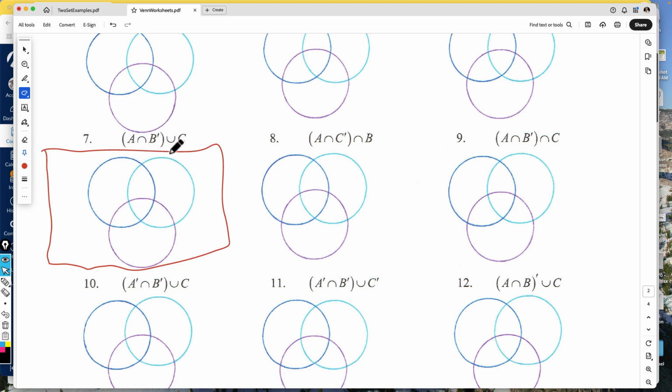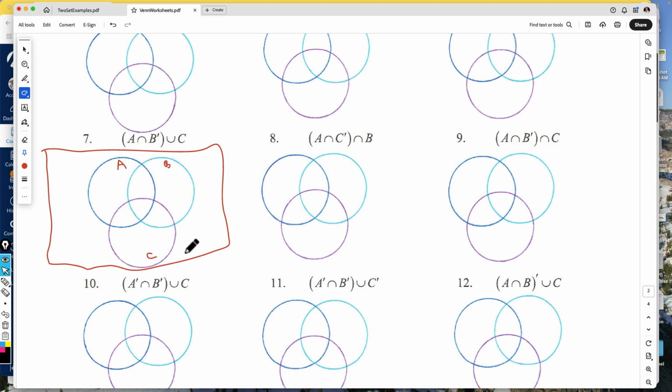So the first thing is we have to do order of operations. We start inside the parentheses. Sometimes to do these, you need to draw them twice. What I'm going to do is draw and erase, because I have a nice little eraser on this, but it might not work well for you. So A intersect not B: everything that's in A intersected with everything that's not in B. First, we need to label these, and I'll just do A, B, C. If you label it differently, your picture may look different.